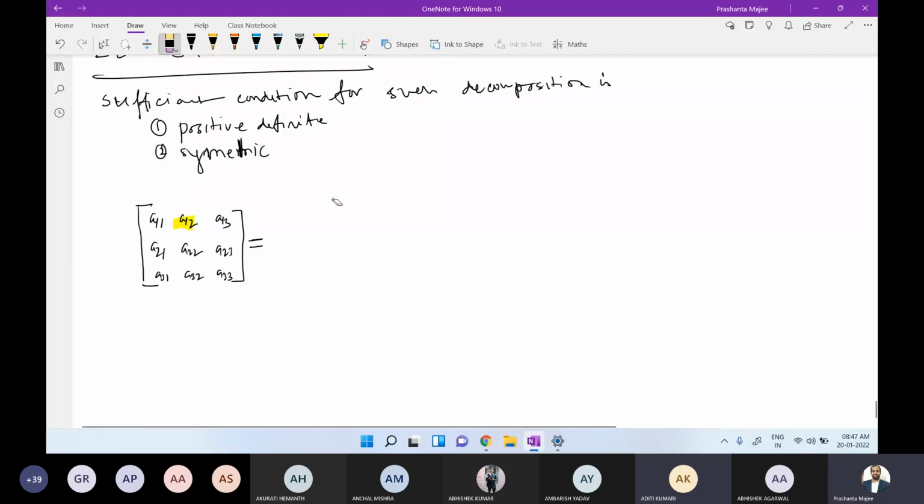So I'll be writing this A21. This element will be A31. And this element will be A32. So take an arbitrary symmetric matrix.